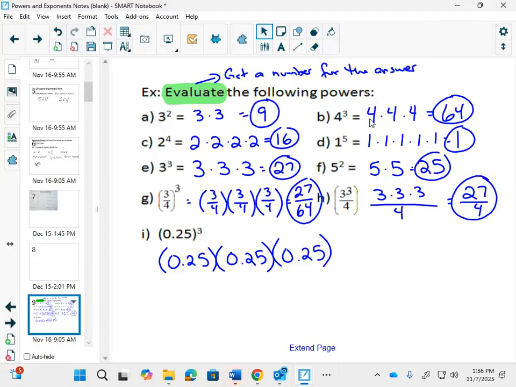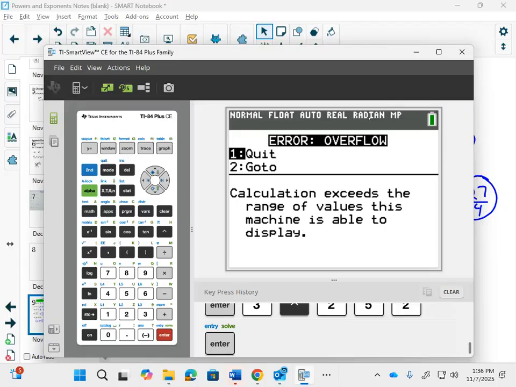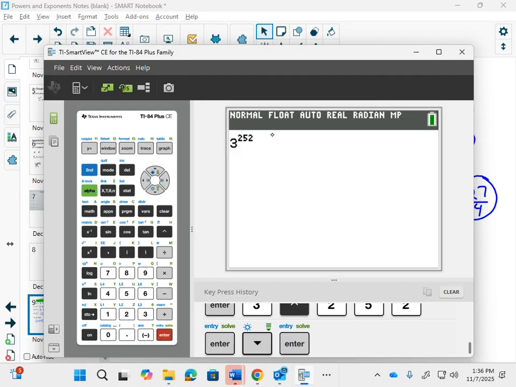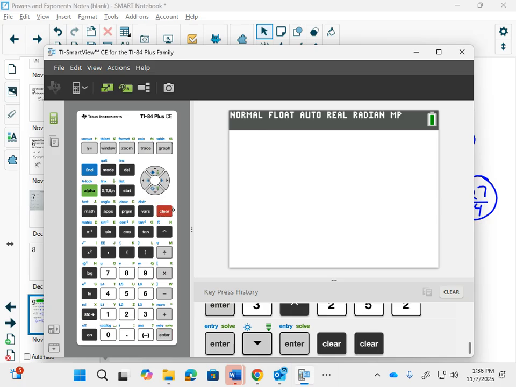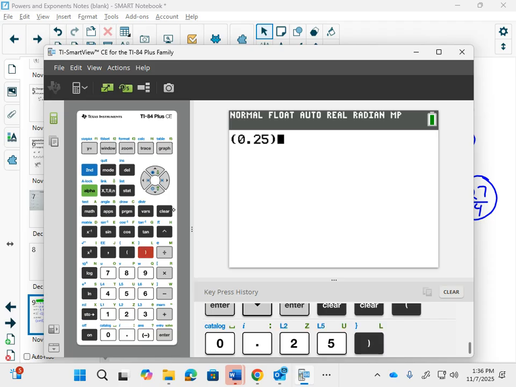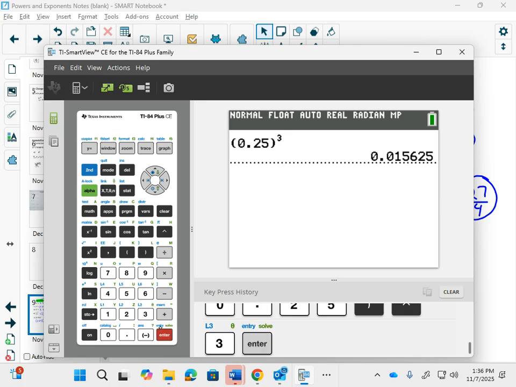I'm going to go to my calculator. I'm going to type in 0, put brackets, 0.25 to the exponent of 3, 0.015625.